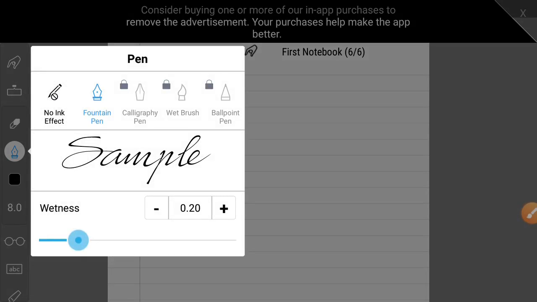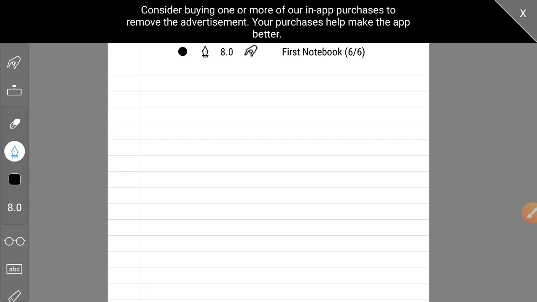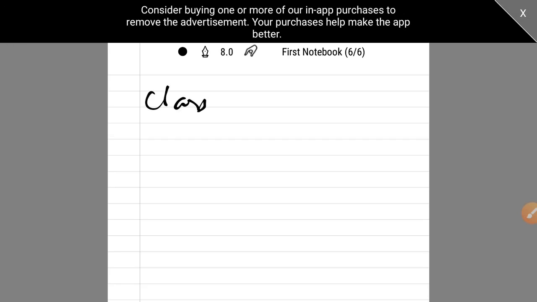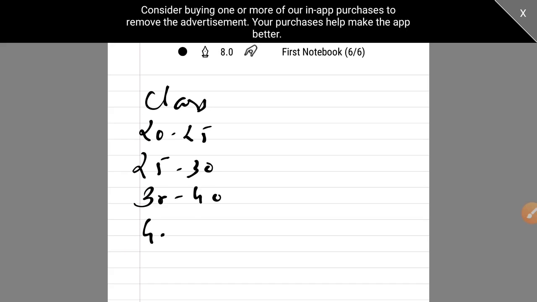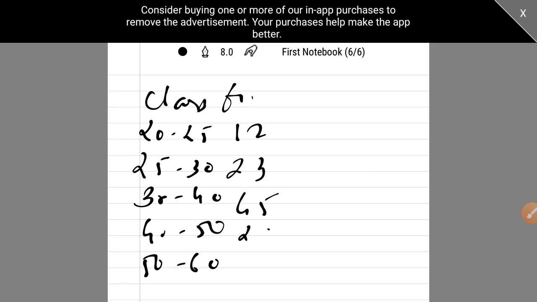Write classes like this: 20 to 25, 25 to 30, 30 to 40, 40 to 50, 50 to 60, and write frequency like this: 12, 23, 45, 29 and 7. So this is your question.